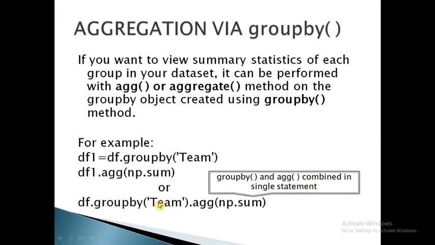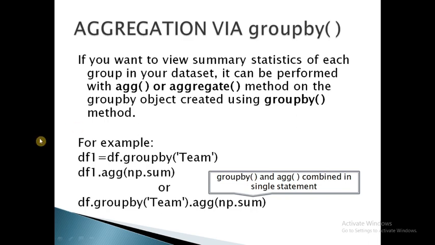Next is aggregation via groupby. Suppose we want to view summary statistics of each group in the data set. It can be performed using the agg or aggregate function on the groupby object created by the groupby method. For example, we create a group object using groupby, then apply the aggregate function with np.sum to get the sum of all the individual elements.